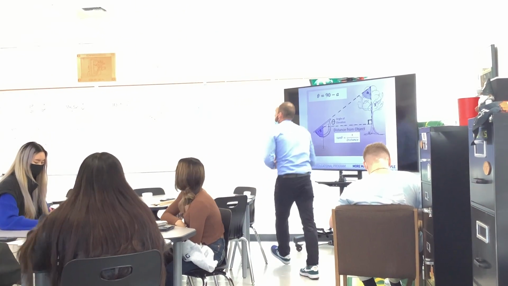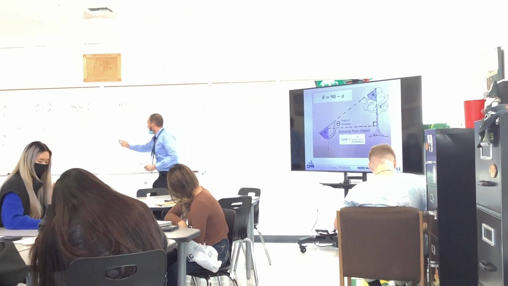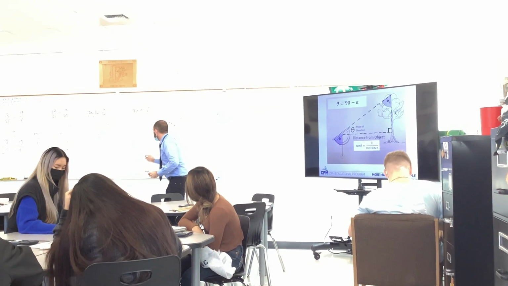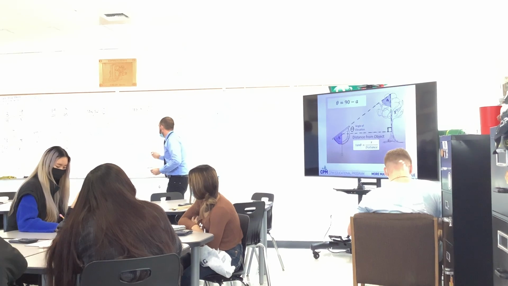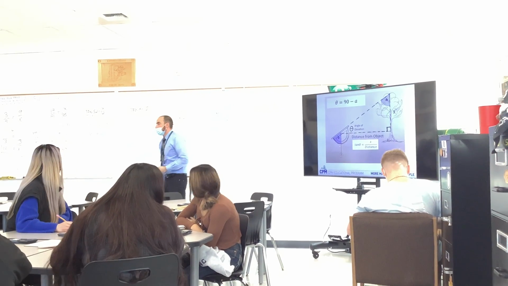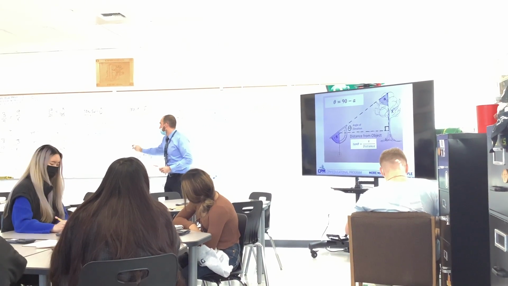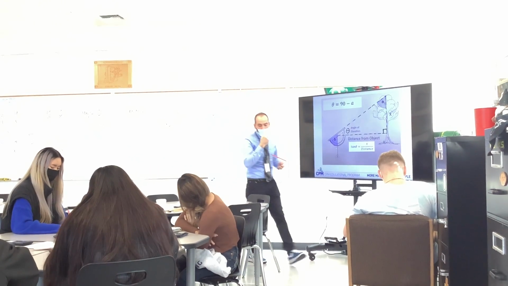Distance from object. We can set up our equation just like I did. Oh, I didn't set up the equation, I just drew your tangent. Tangent of 19 equals opposite over adjacent in order to solve for x.